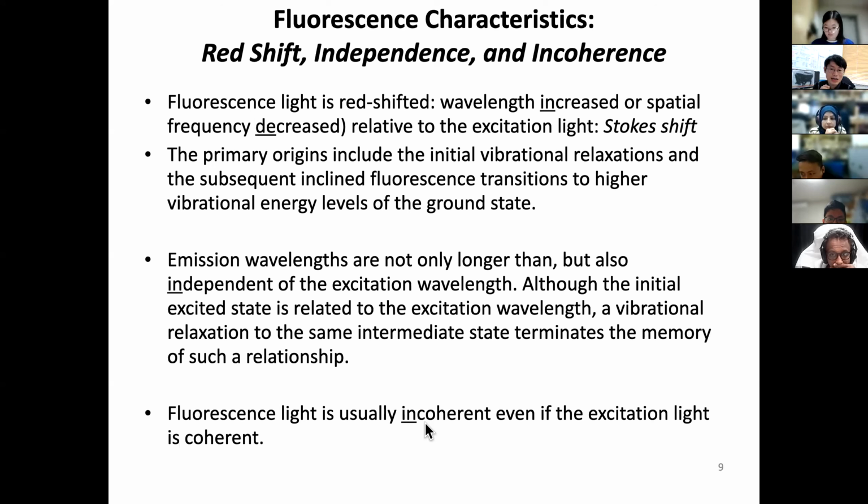This is an important aspect when you do fluorescence microscopy. So usually fluorescence from the samples is incoherent, so you can't easily make use of coherence. That's something you want to understand.